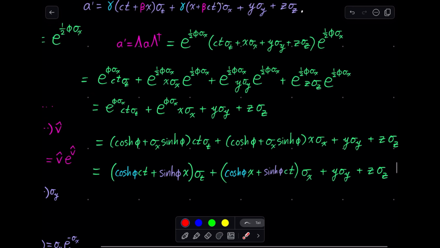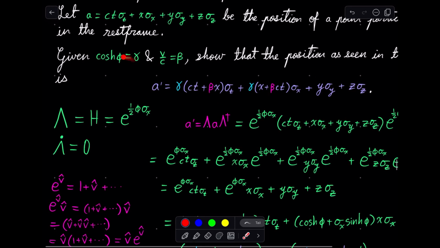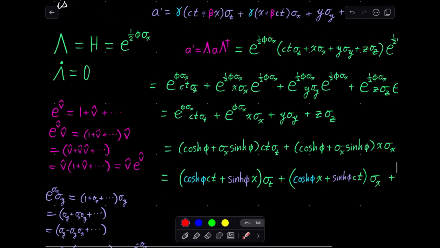Now there should be a similarity seen between this and this. We are almost there, and we were given that cosine of phi is equal to gamma, and that v over c is equal to beta. So we can replace all the cosines, but how do we get beta in here?